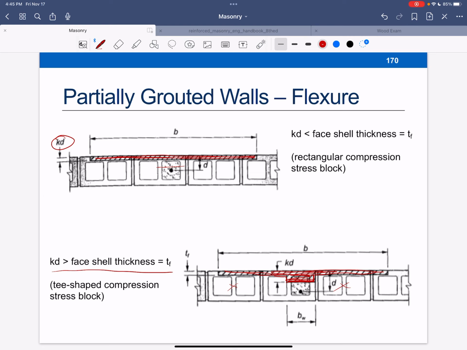Most of the time, it's going to be this top case. Just like you spent all that time learning about T-beams in concrete class, a lot of times it's going to be in the slab. The exception is in bridges where we have some specific cases, but for this masonry case, it's very likely that you're going to have this case where it's in the shell.